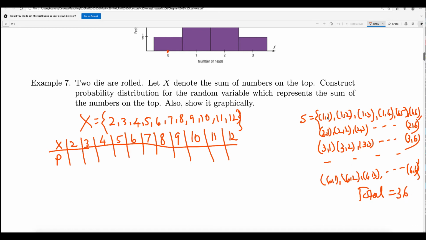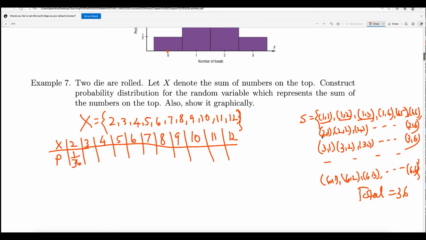How many have sum 2? That is 1 1, only one outcome, since you are rolling 2 dice and these are the numbers that show up on the top of each die. So you write 1 over 36 as the probability.